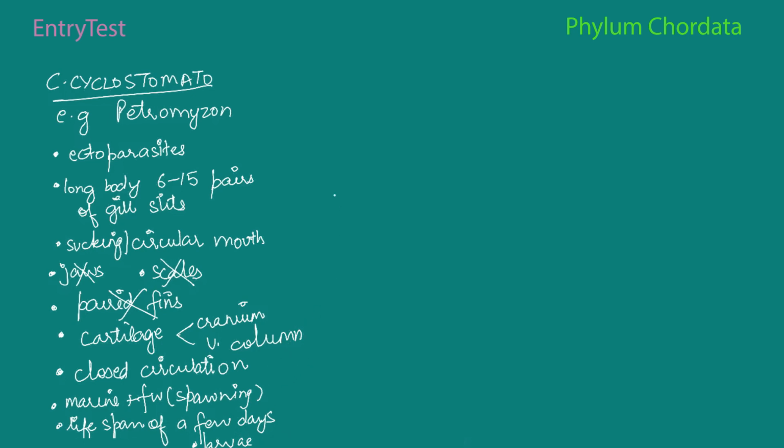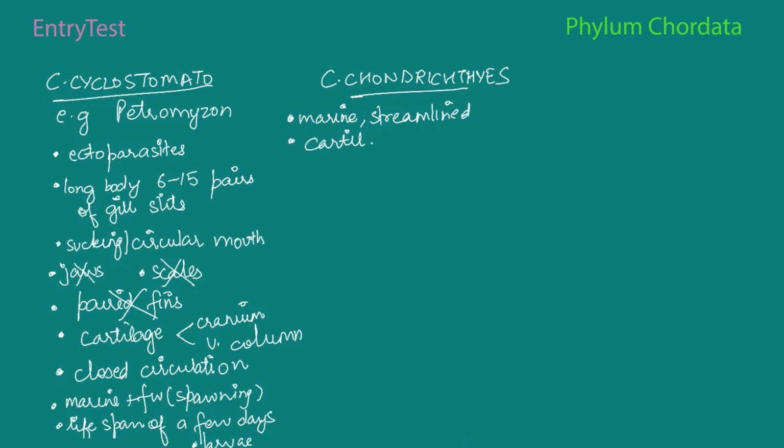The next class that we have to do is class Chondrichthyes. These are all marine animals with a properly streamlined body, well equipped for swimming. They have a cartilaginous endoskeleton.